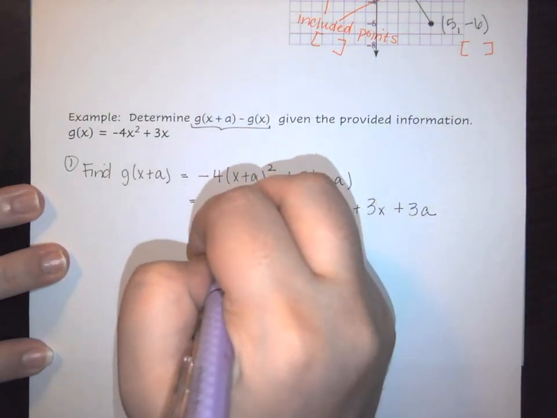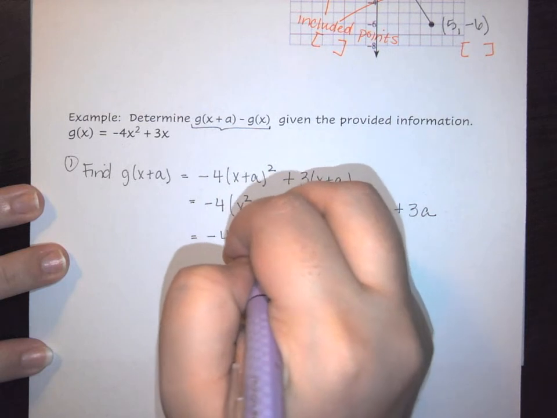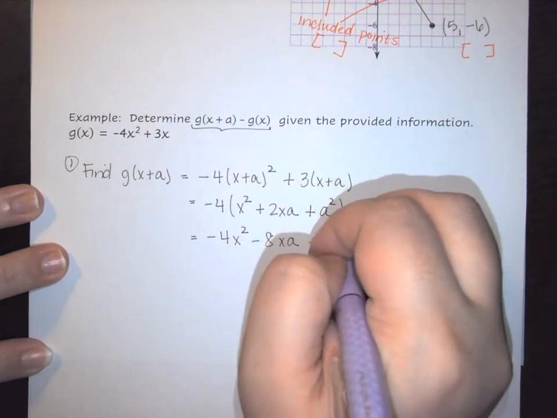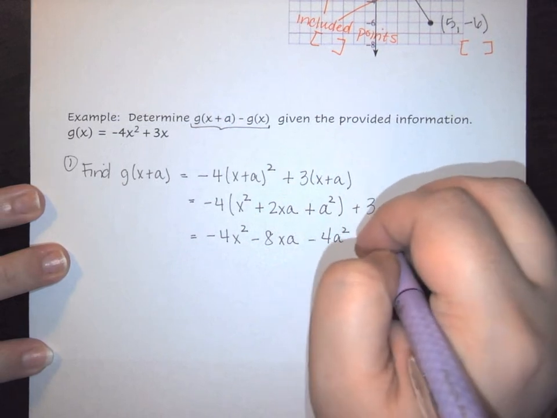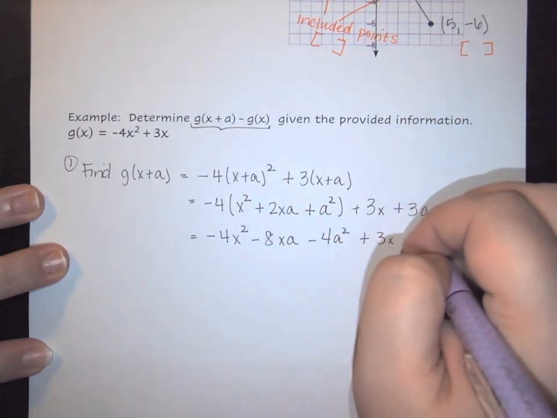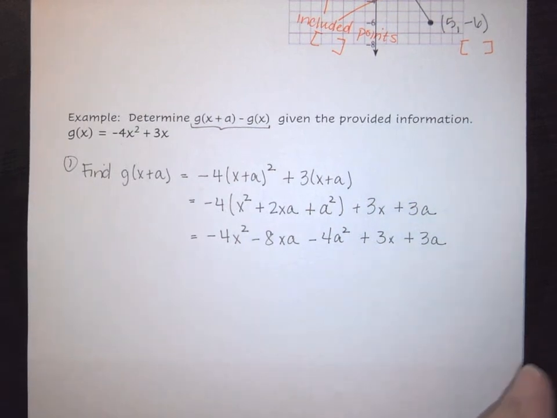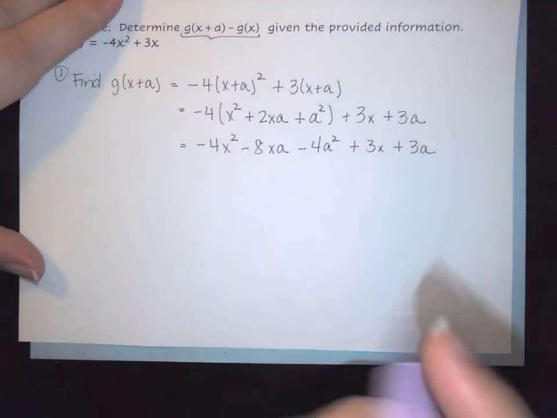The reduced is going to be -4x squared minus 8xa minus 4a squared plus my 3x plus my 3a. Now that we know g of x plus a, we can plug everything together.